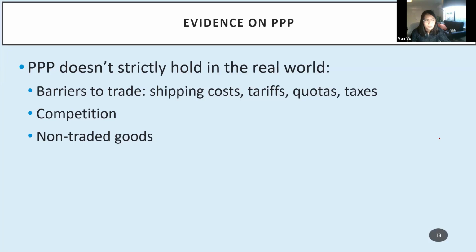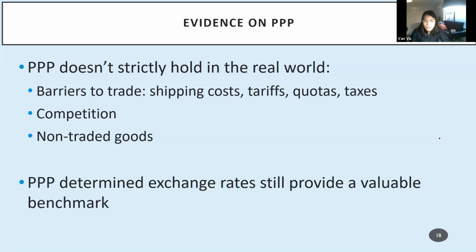If you have barriers to trade, or a lot of competition, or, as in the case of aspirin, subsidies across different markets. Also, if the goods are not tradable, then you can't really have PPP. Having said that, purchasing power parity still provides a good benchmark to compare exchange rates.